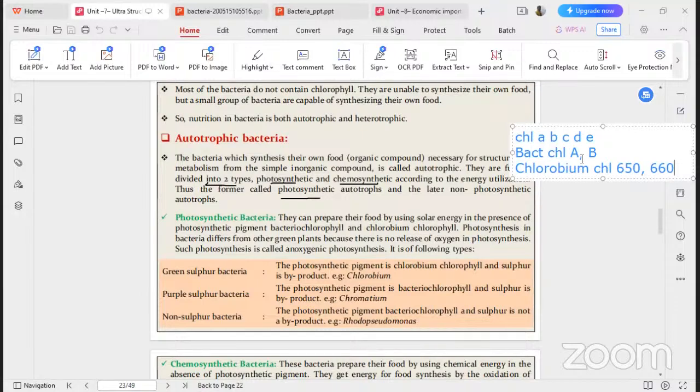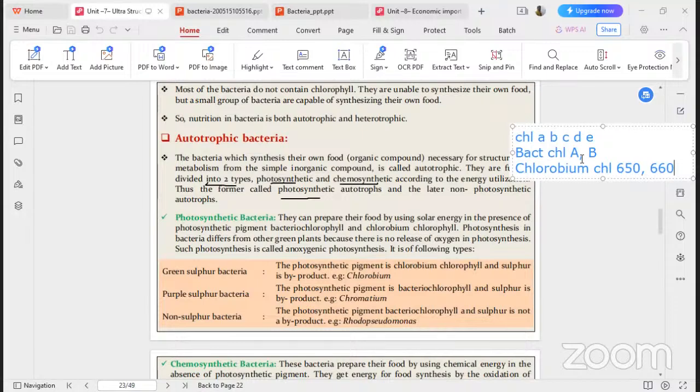Hill reaction. You know the Hill reaction in photosynthesis? You might have studied it in the fourth paper. There is an experiment, the Hill-Bendall reaction, to identify where the oxygen is released from, either from carbon dioxide or from water.